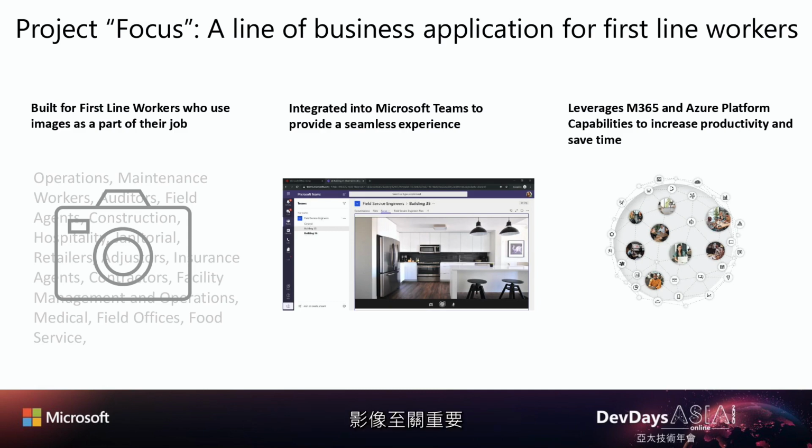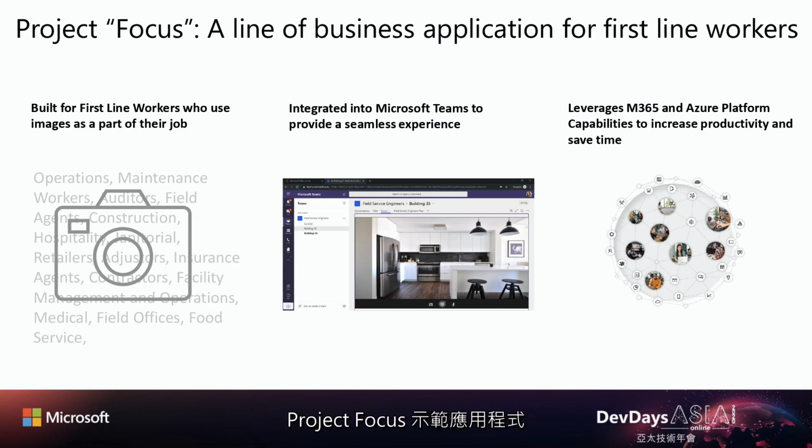Images are core to how first-line work is done by communicating context, status, and action. We wanted to see how to make their lives easier with fewer context switches, quicker actions, and an error-proof, customizable set of workflows that the first-line worker could execute. As a result, we built a demo application called Project Focus.